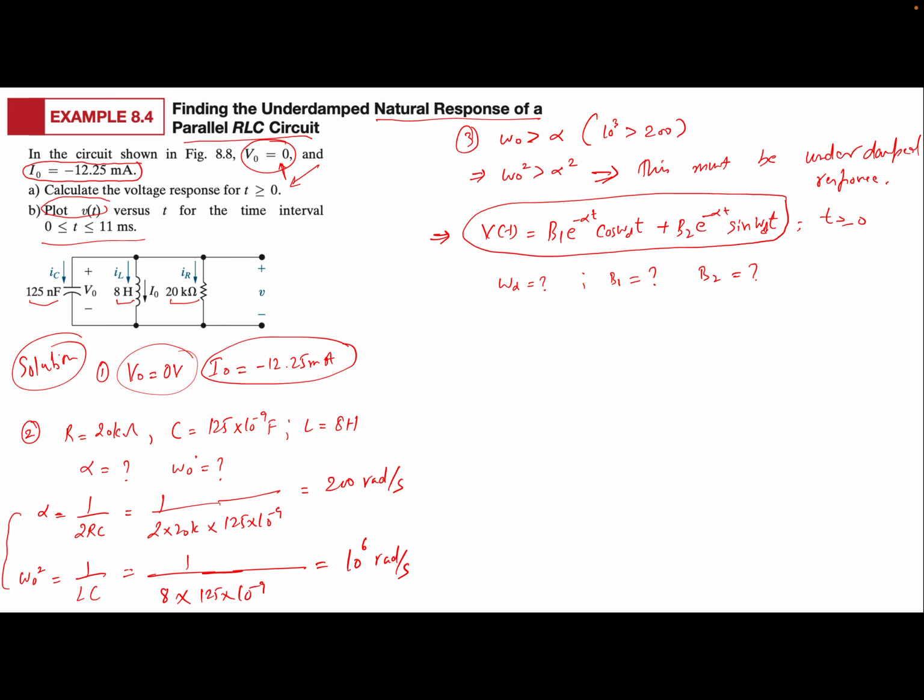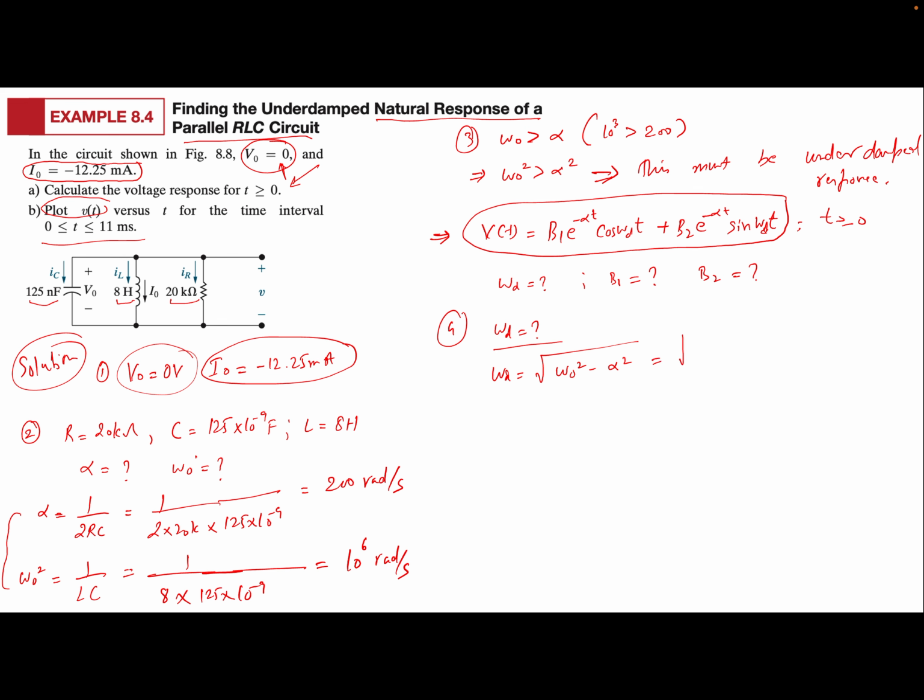So in step number 4, I find the value of omega d. This is the damped radian frequency. Omega d, if you remember, was equal to the square root of omega naught square minus alpha square.